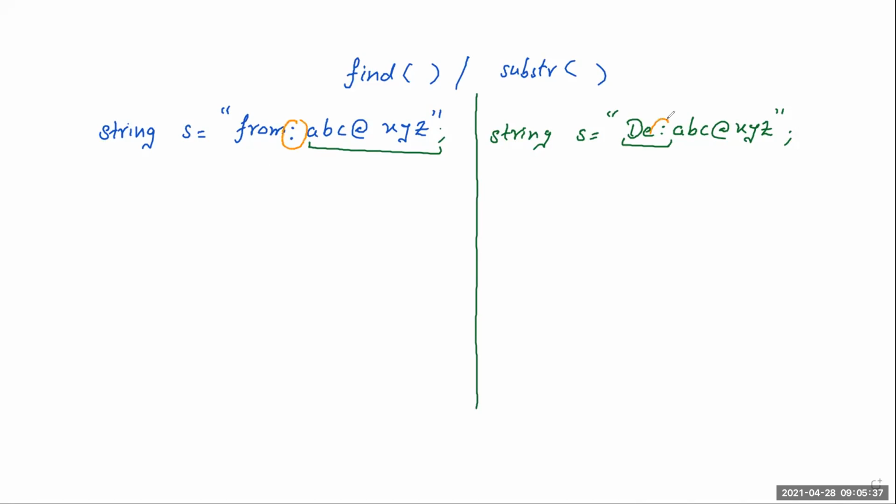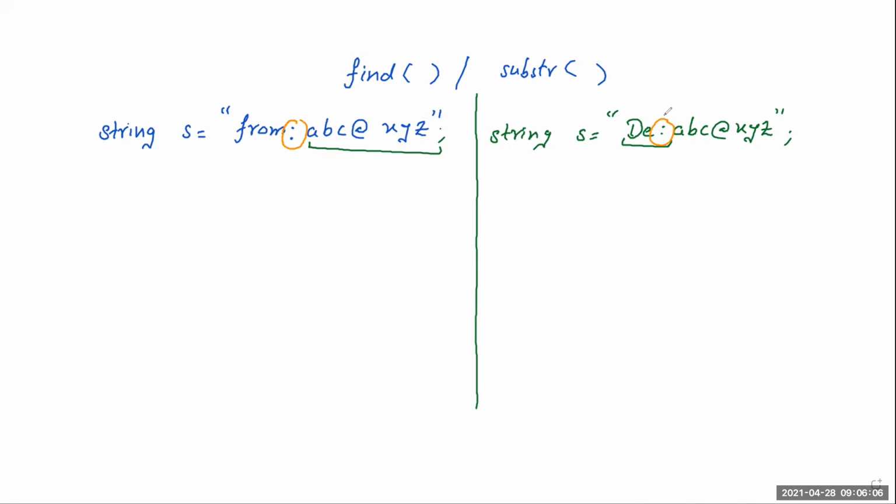Irrespective of what the language is, we are sure that if we know where the colon is, then after the colon is basically the email address, and before the colon is just the information about which sender this email is coming from. So if I can find the position of the colon, I can use it to split the string using the substring function, and I'll be able to have my email address.